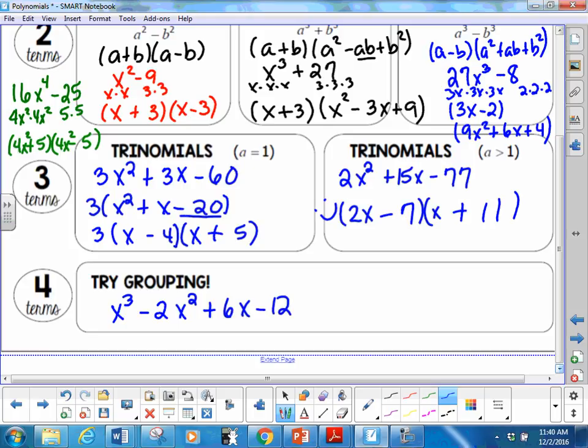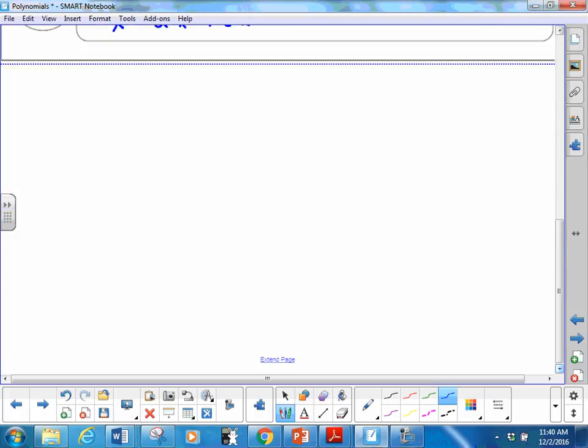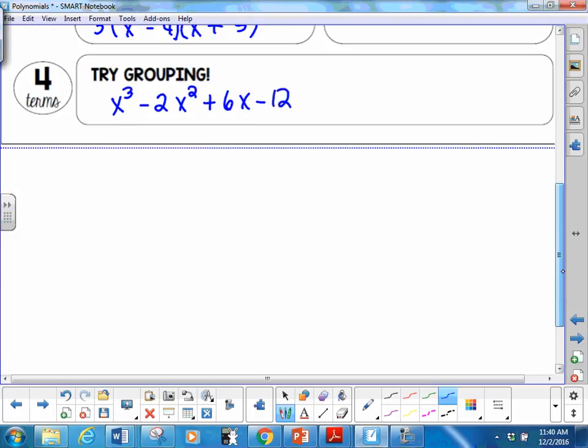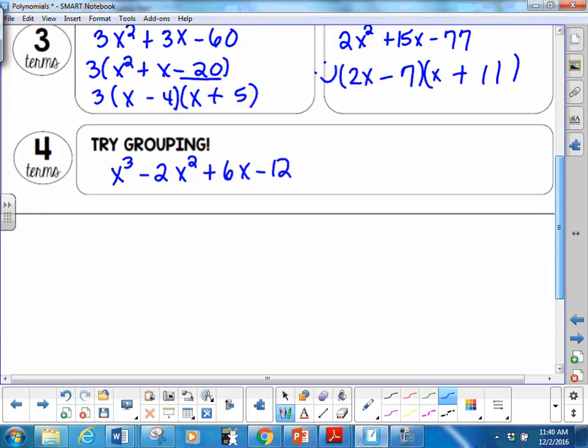So, here's what I'm going to ask you to do. When you see something like this, this is the thing that you do for 4 terms. Can you separate the last half of it and put it together there? That's exactly what we're going to do.